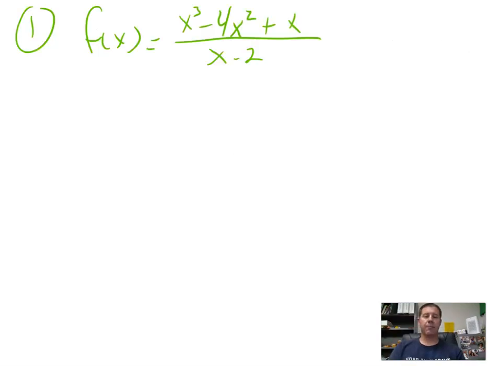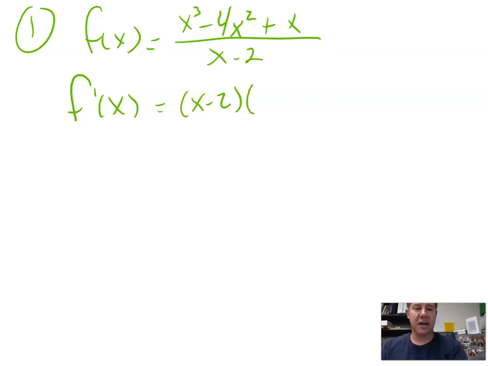Okay, so here we go. f of x is x to the third minus 4x squared plus x all over x minus 2. We want to find f prime, or the derivative of f. So we're going to use the quotient rule for dividing functions. So if we do that, low d high, so low is x minus 2. D high is the derivative of the top, so 3x squared minus 8x plus 1.